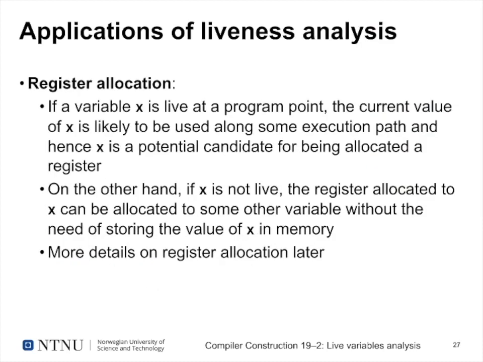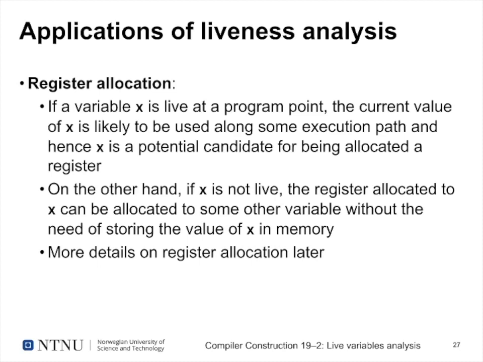Another use case is register allocation, and we'll have a closer look at register allocation in an upcoming lecture. If we know that a variable x is live at a given program point, we can assume that the current value of this variable is likely to be used along some execution paths, and so we can use this information for optimization.